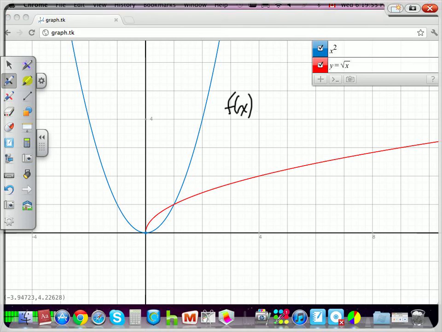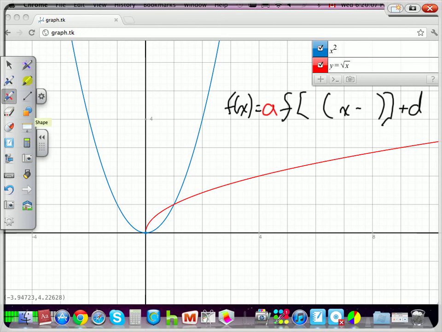Now, when we talk about shifting the parabola, let's bring up our original. We said f at x. Remember I told you these rules, they tell us how to shift any parabola. X minus plus d. We have our a.